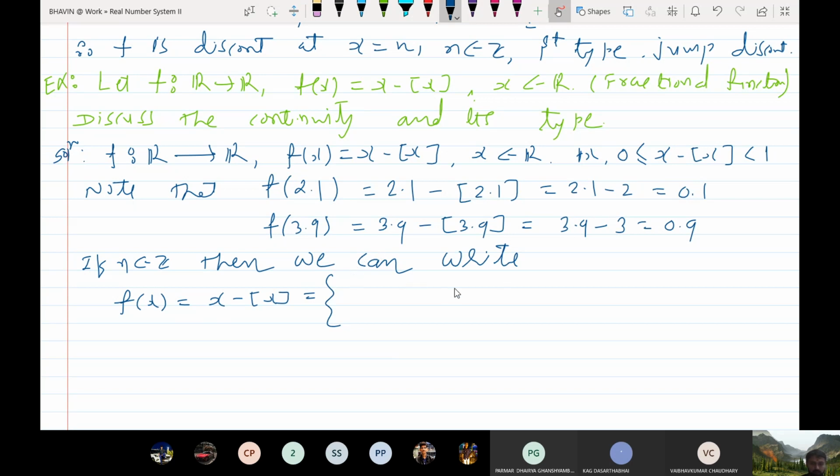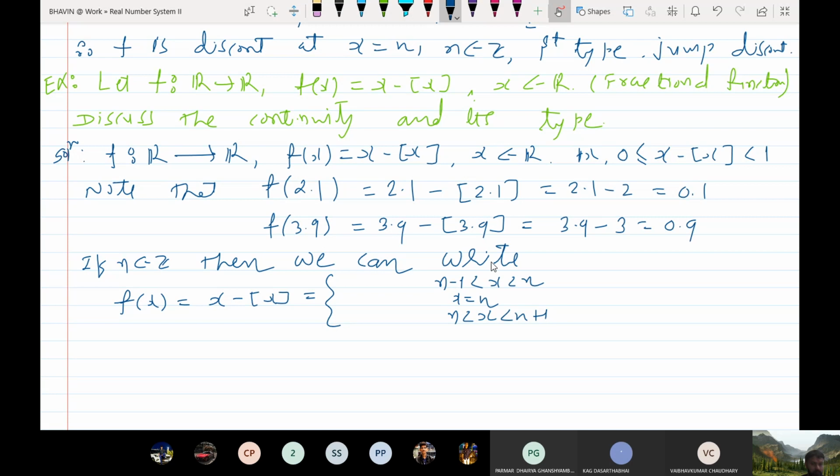See, there are a few possibilities: if n minus 1 less than x less than n, x equal to n, n less than x less than n plus 1. So these are the possibilities.